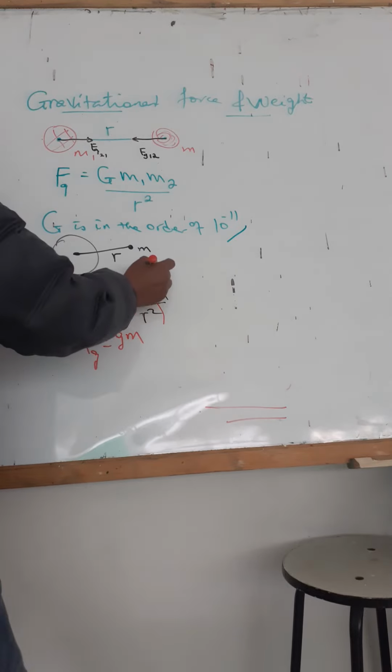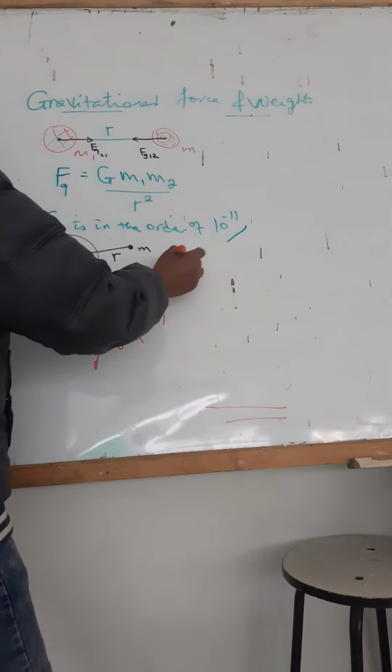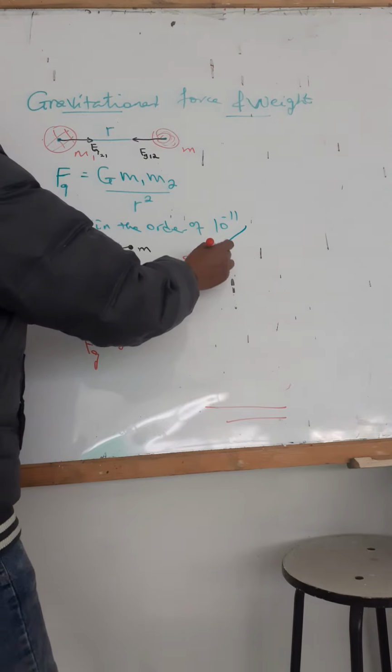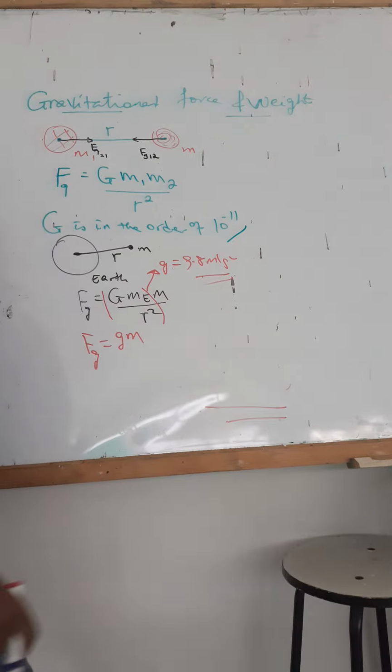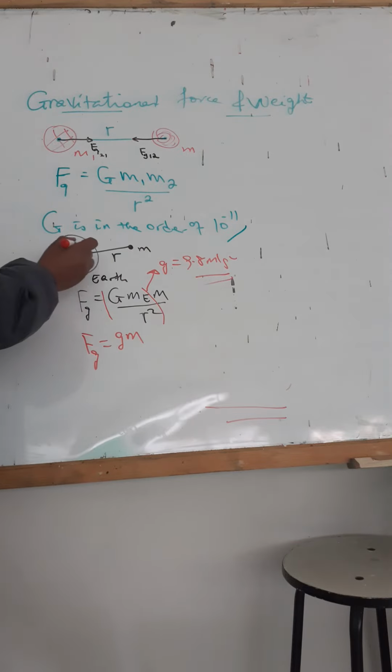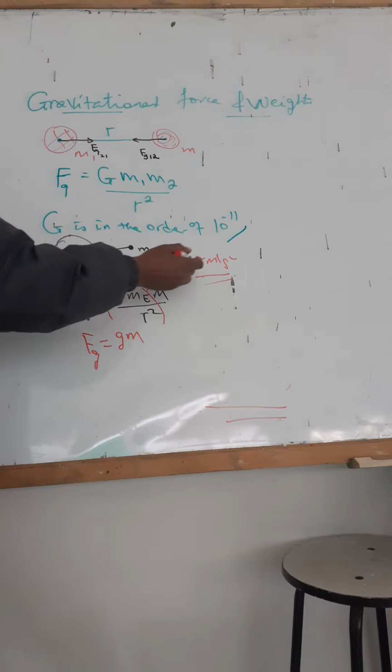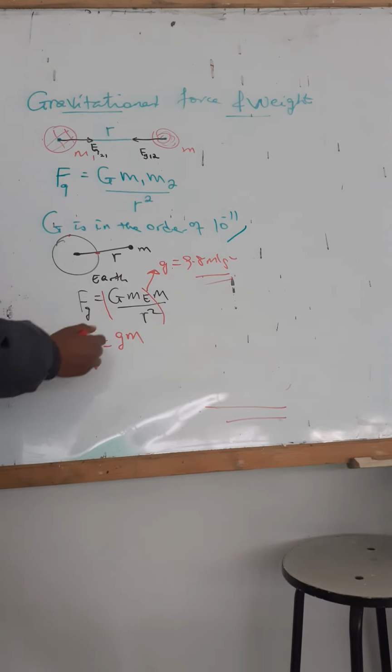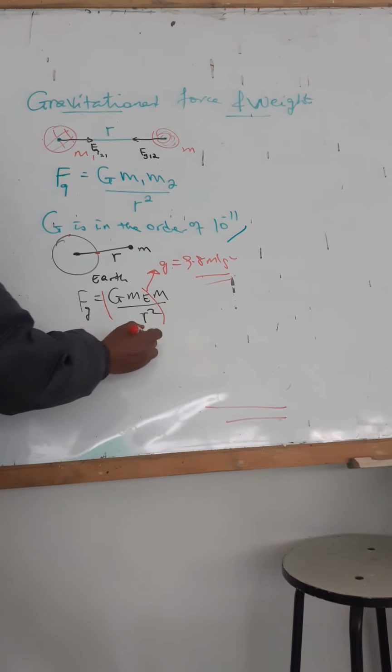Okay, this is g, which is 9.8 meters per second squared basically, on average. It is small here and it is large here, and the average is taken to be this one. Okay, so this is what you call weight.